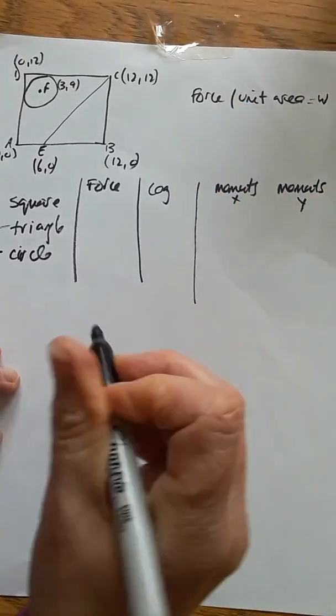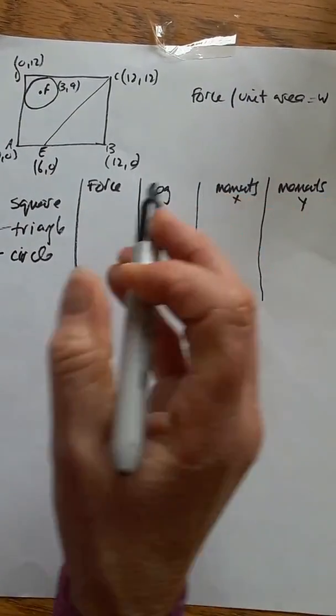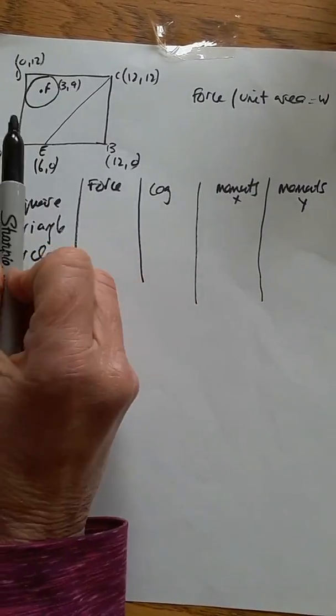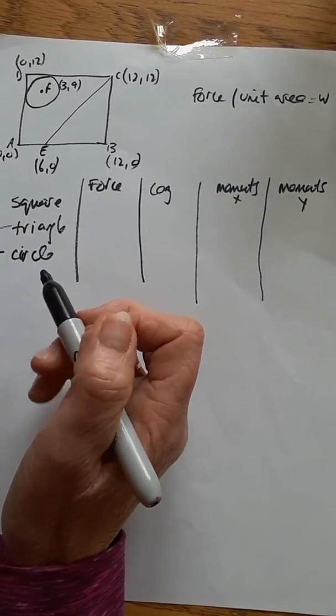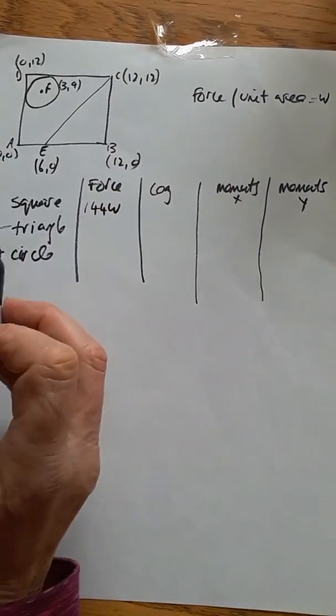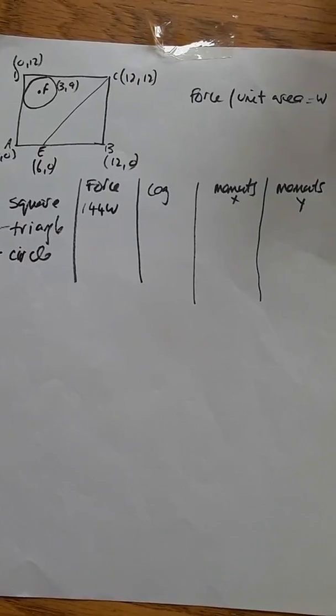Now, the square. The force of the square is the area of the square per unit force per unit area. The area of the square is 12 by 12, which is 144. So the force for that square is 144W. The triangle has an area of half the base by the perpendicular height.